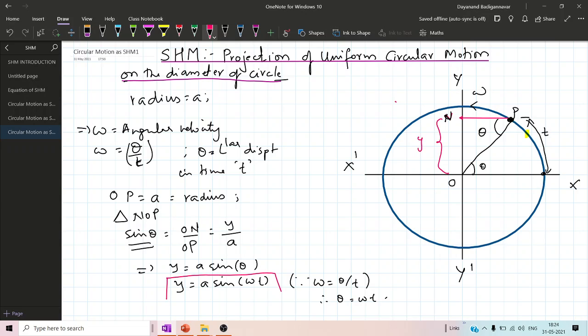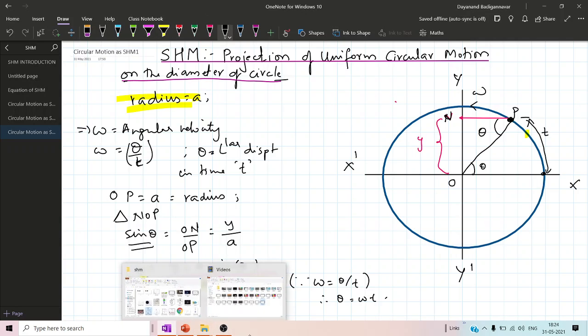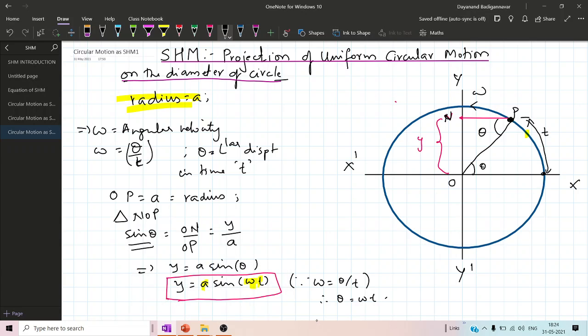Here, omega is the angular velocity, t is the time taken, and A stands for the radius of the circle. But you should not call it a radius here. It is actually the amplitude of the displacement, called the amplitude of the vibrations.